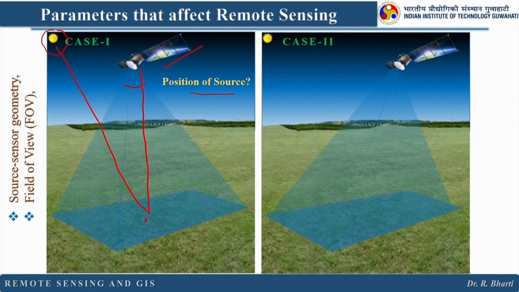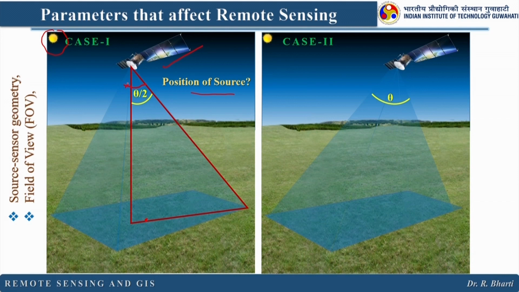In case 1 we have a nadir looking satellite, and in case 2 we have slightly off nadir. But theta remains the same, theta is our field of view. For the same satellite the FOV will be the same. If you see this theta by 2, why have I written it? Because this is the complete field of view, and if it is nadir looking, the half angle will be theta by 2.